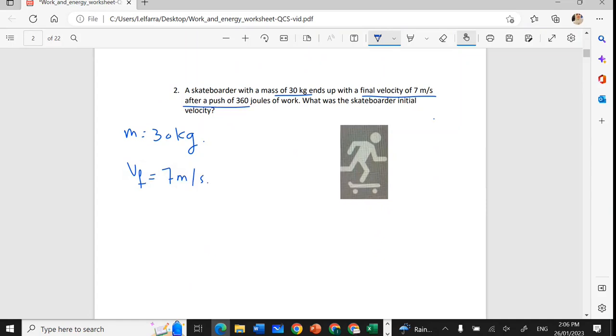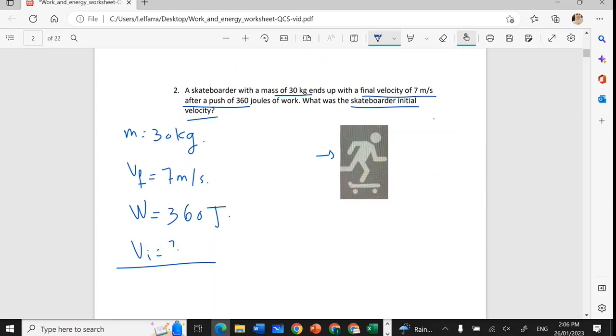So there is a force here. Someone pushed this man with work, and he gives you the value of this work, which is 360 joules. What was the skateboarder's initial velocity? So I need the initial velocity.